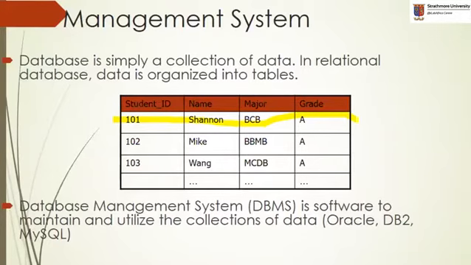The columns are what we call the fields, and they contain specific information on that particular record. A database management system is software that is used to maintain and utilize the collection of data. An example is Oracle, DB2, and MySQL. Our interest in this case will be MySQL.